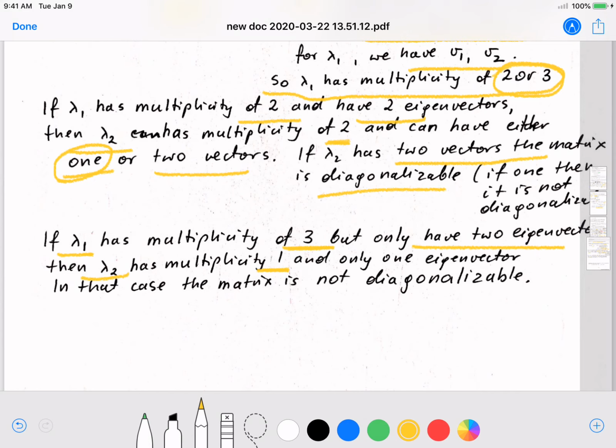In that case, the matrix is not diagonalizable, because my P matrix would have 2 columns from the 2 eigenvectors that I have right here, and then from the other one I'm gonna get another one, but here I don't have the other eigenvector. So that means it's not diagonalizable in that case.